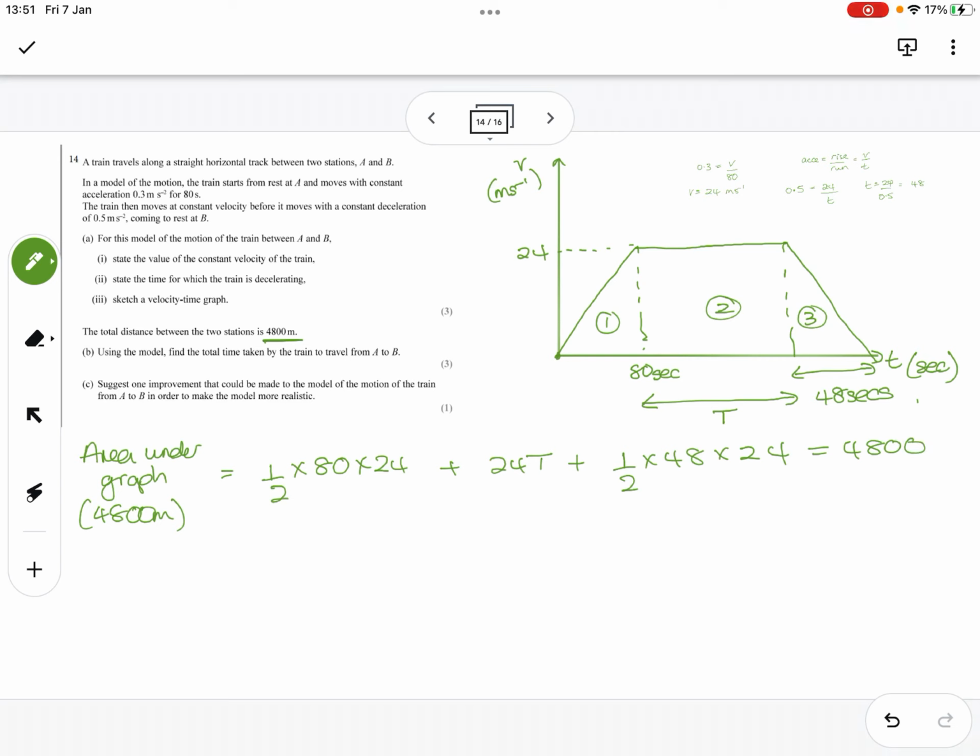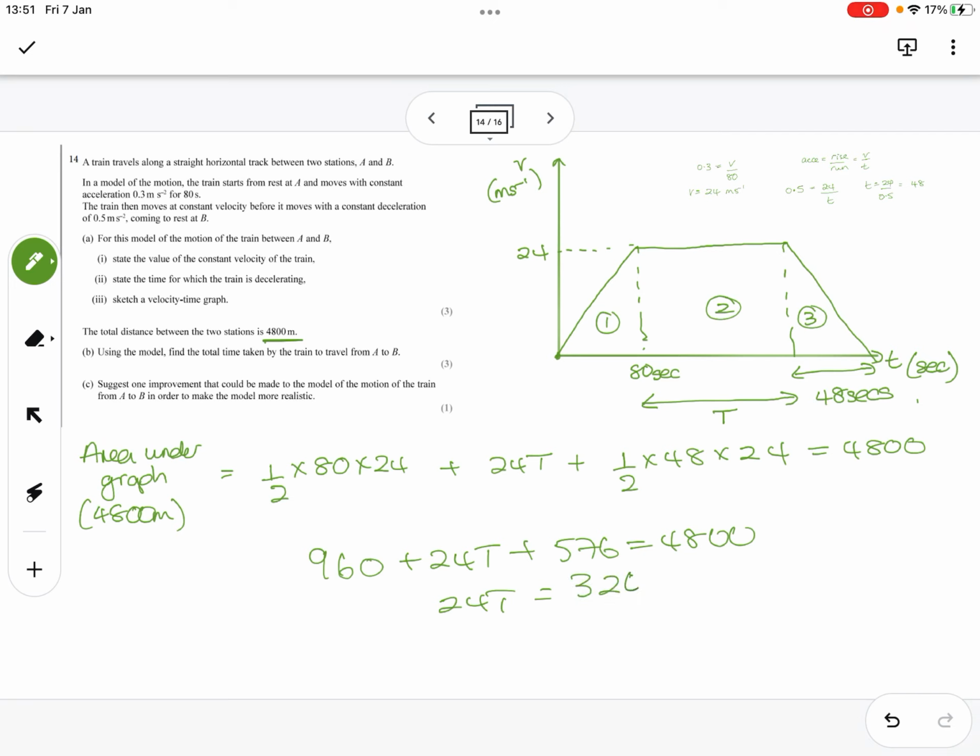That equals 4800. So 0.5 times 80 times 24 is 960, plus 24T, plus 576 equals 4800. So 24T must equal 4800 minus 960 minus 576.